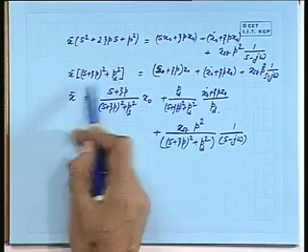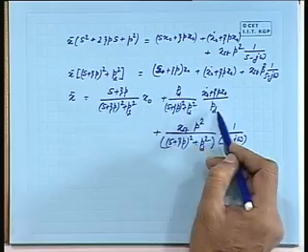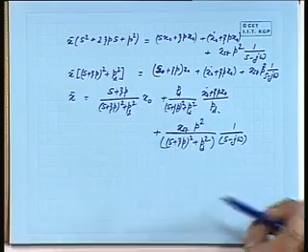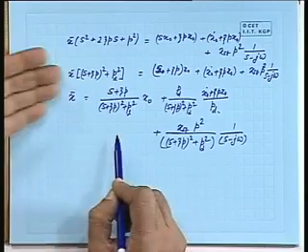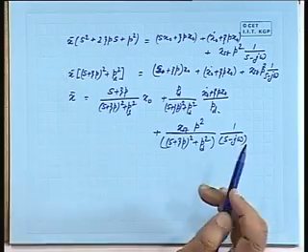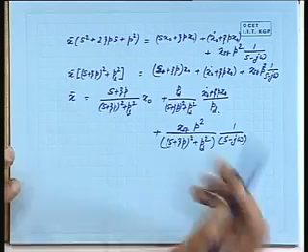So, dividing by this and multiplying and dividing by pd here, we get this expression. Now, by taking the inverse of this, we should get the requisite answer or the solution.